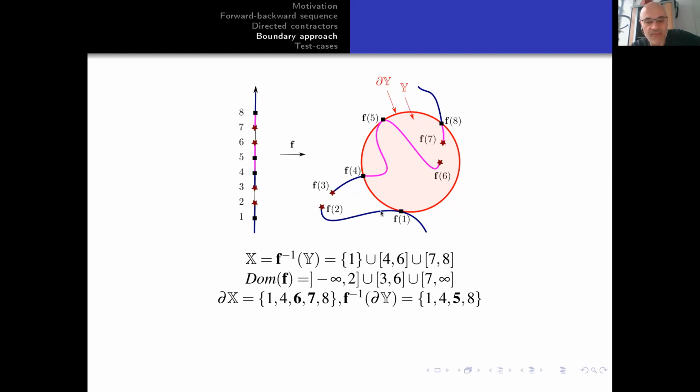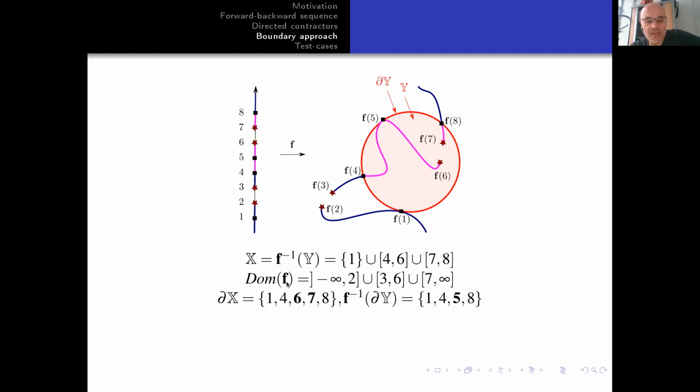So here it is defined, here it is not defined, and defined, and here it's not defined. So we can see that the inverse of the disk corresponds to these parts. Okay, so it is the pre-image of Y.